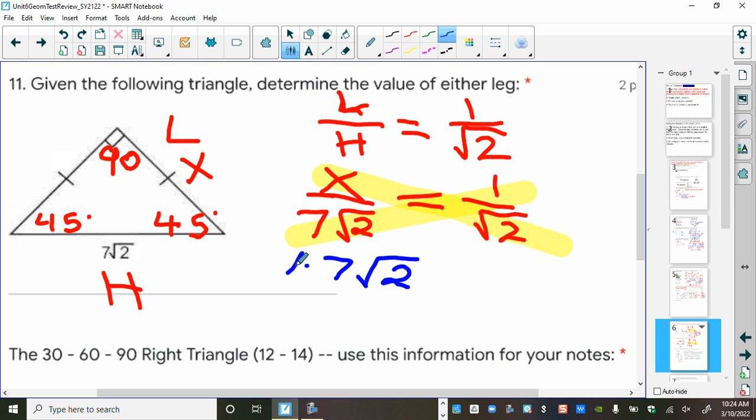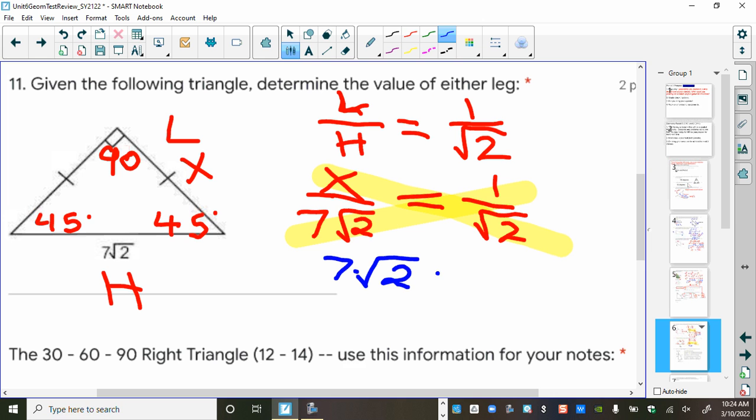All right. So for this one, 1 times 7 times square root of 2. Just leave it at 7 square root of 2. Well, remember, you don't see it, but it's really 7 times square root of 2. And here's why that's going to be important.